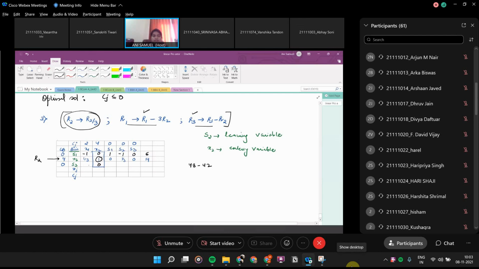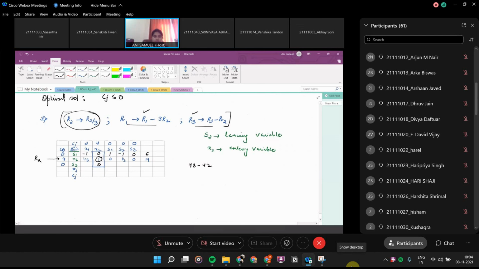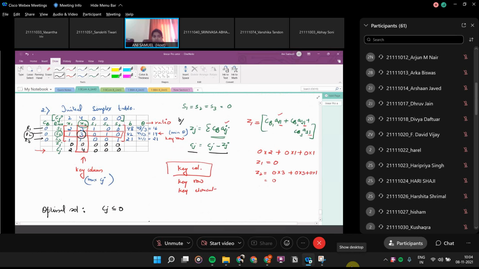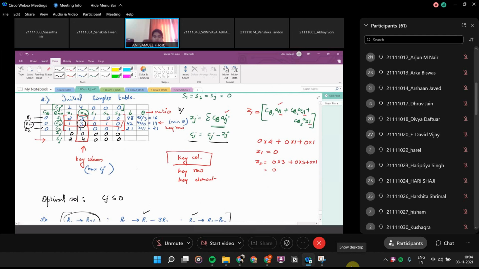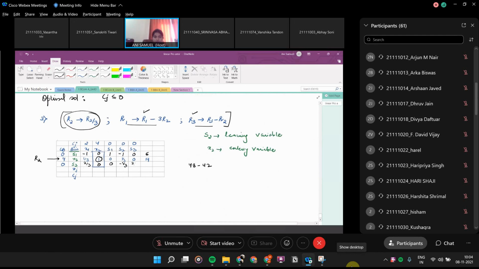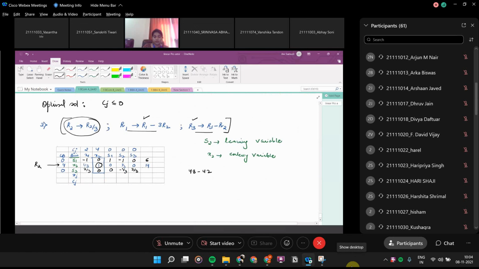Okay. So similarly, the third one becomes 1 minus 1 by 3. So 1 minus 1 by 3 is 2 by 3. Next this becomes 0, 0 minus 0 is 0. 0 minus 1 by 3 is minus 1 by 3. 1 minus 1 by 3 is 2 by 3. 21 minus 14 is how much? 7.